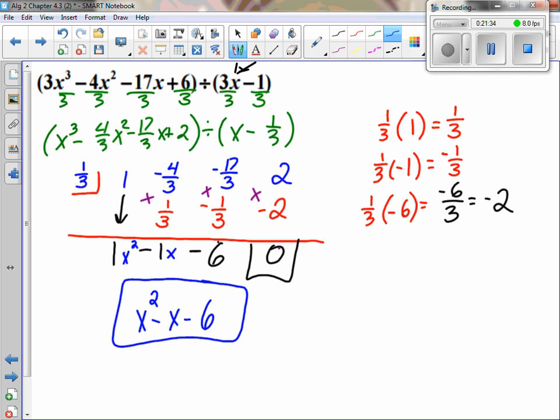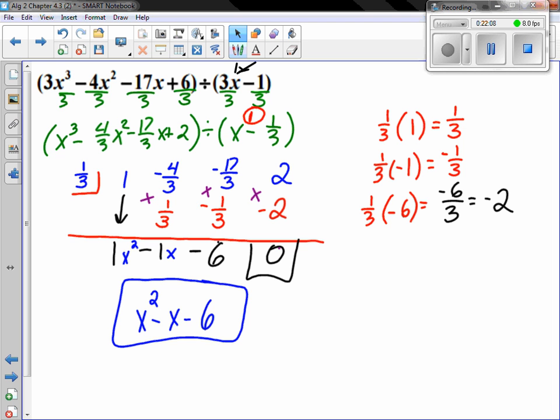Questions on this here? Questions on any of this so far? What did this do? It took the degree of this here, which was 3, and reduced it to what? 2. It's only going to reduce the degree of the polynomial by whatever the degree of the divisor is. The degree of this is 1, so it took 3 and reduced it by 1, which gave us 2.